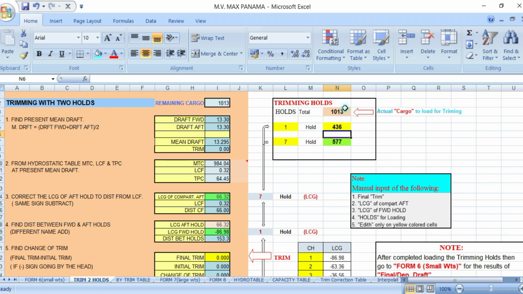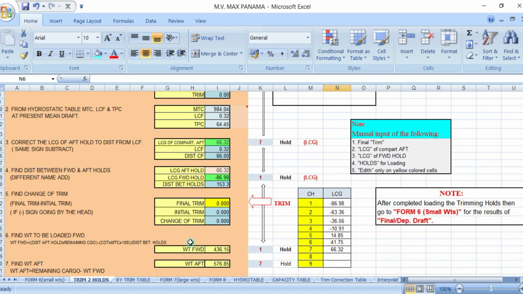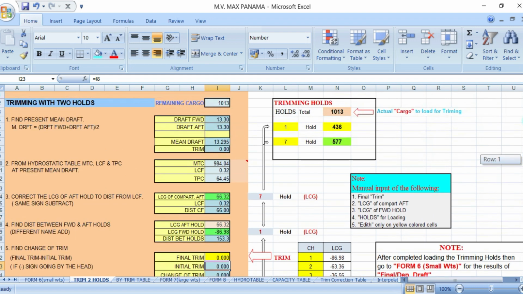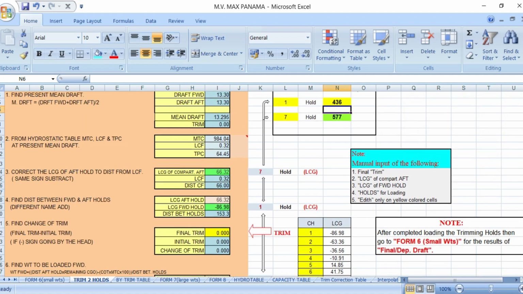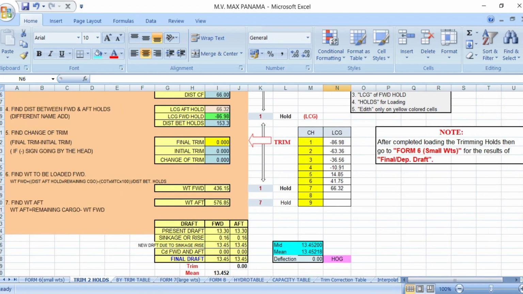The cargo to load is 13.13, and we want to load even keel, which is 0. How much will be forward? Number 1, 436. And number 7 will be 577.